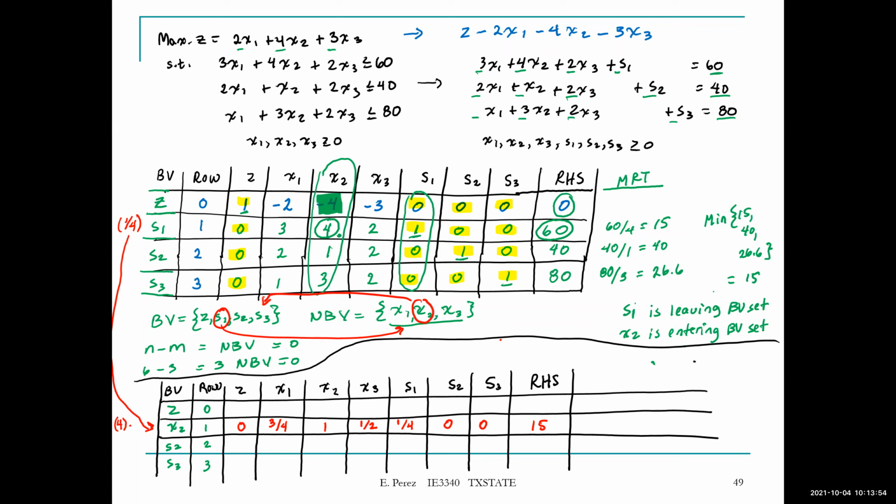So I'm going to multiply this by -1, and I'm going to add it to this row.